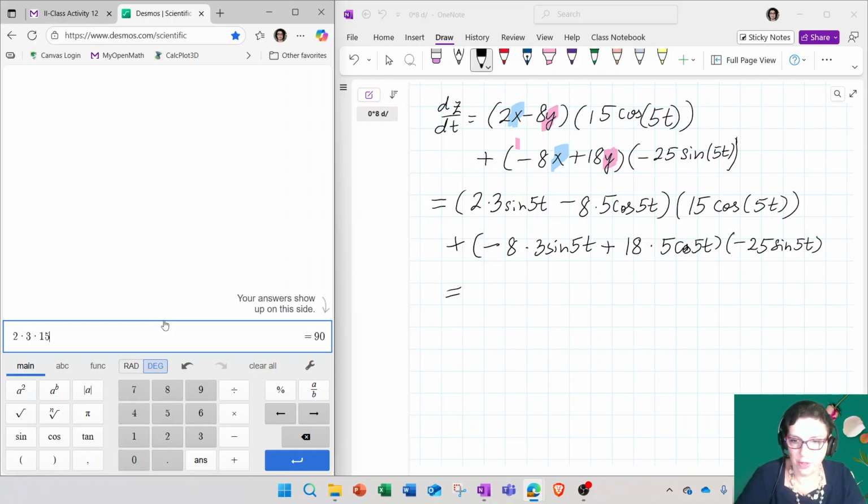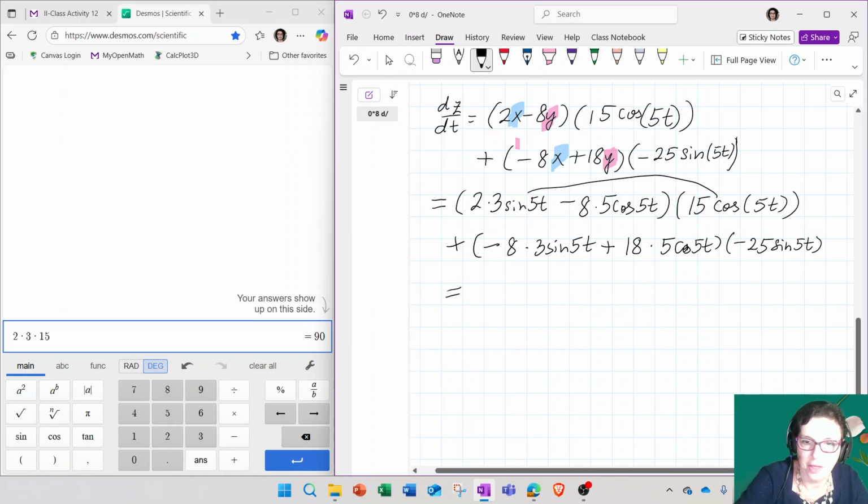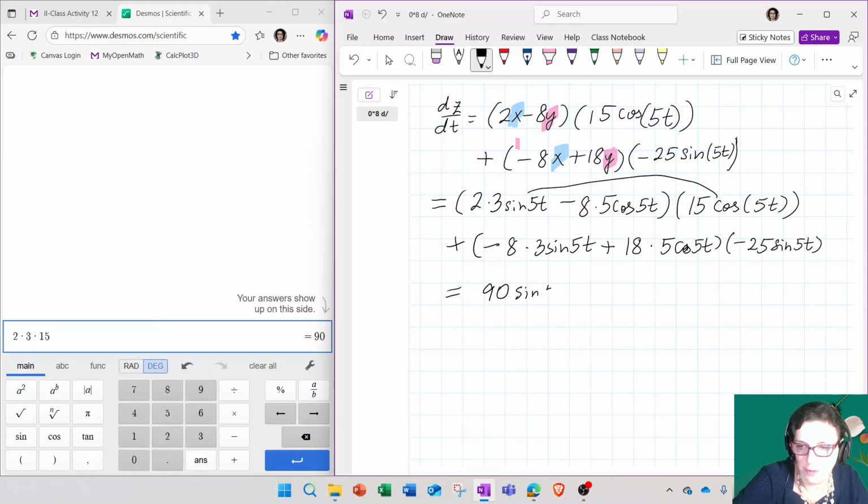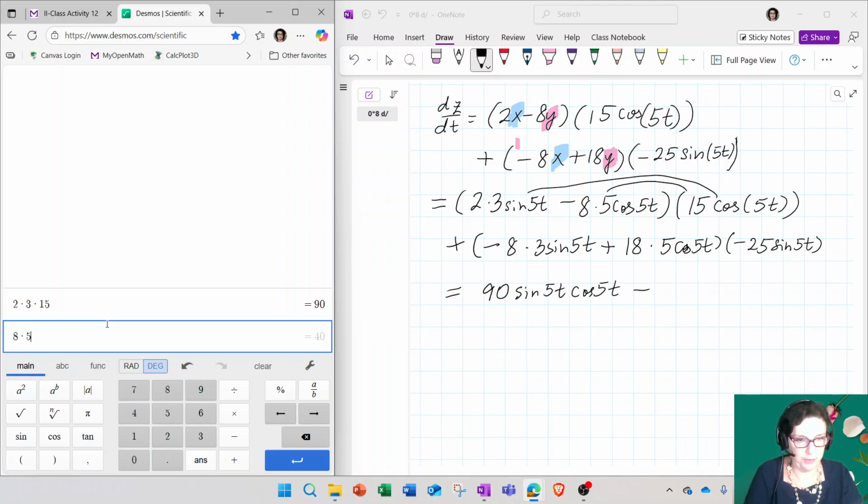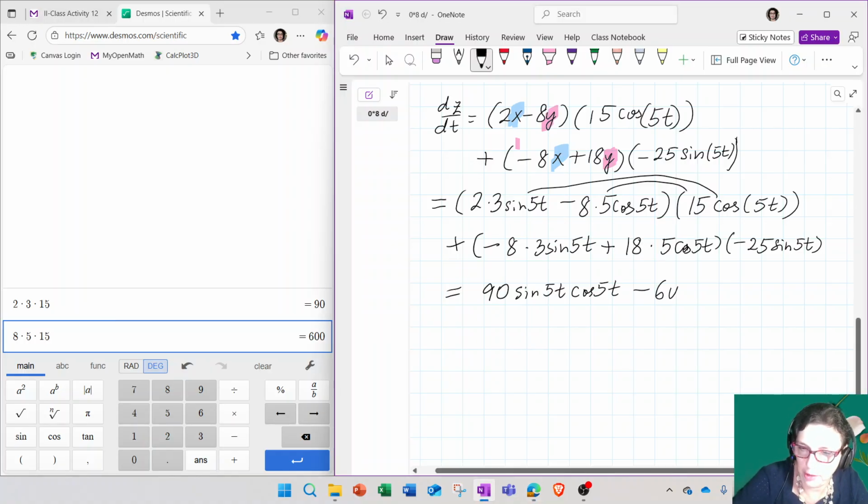Okay, so here I've got some distributing. I have 90 sine 5t cosine 5t, minus, this is going to be 8 times 5, which is 40, multiplied by 15, so that's 600 cosine squared 5t.